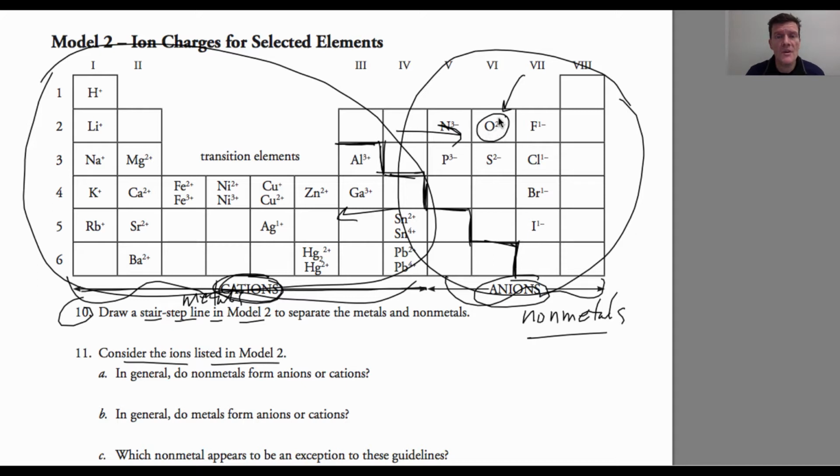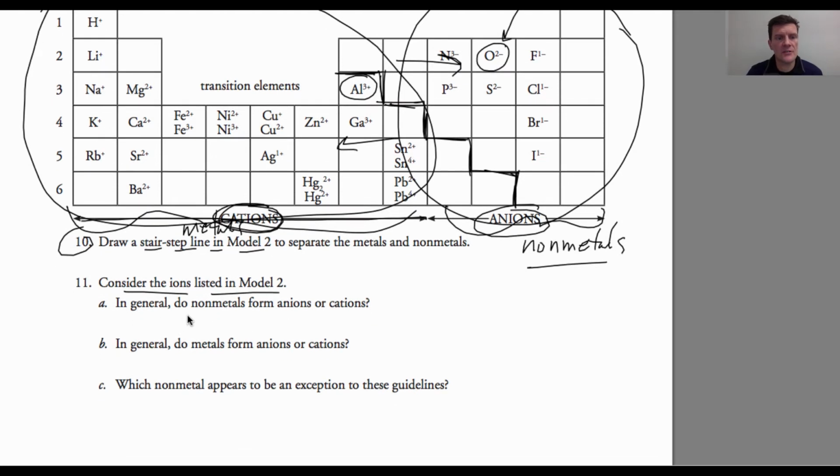It can just be O. But if it's going to form an ion, it is predominantly going to form a 2- ion. So they put that right there in the same place as oxygen on the periodic table. Aluminum, there's where the symbol aluminum is on the periodic table. Yes, it's a neutral atom, but if it forms an ion, it is predominantly going to want to lose 3 electrons and form Al3+.